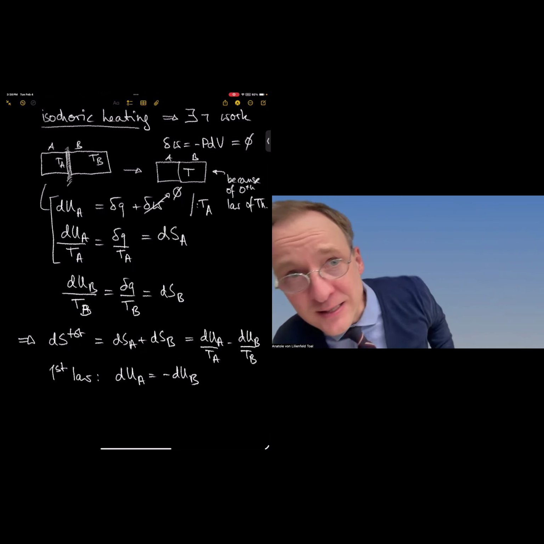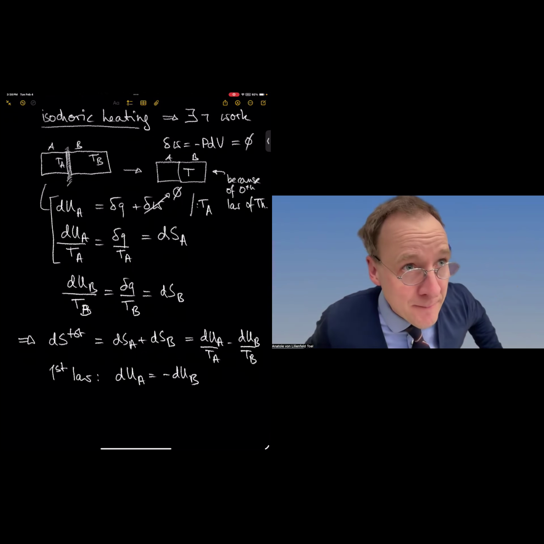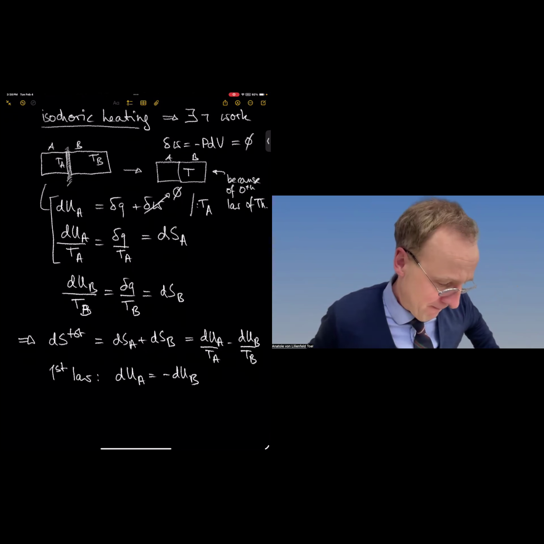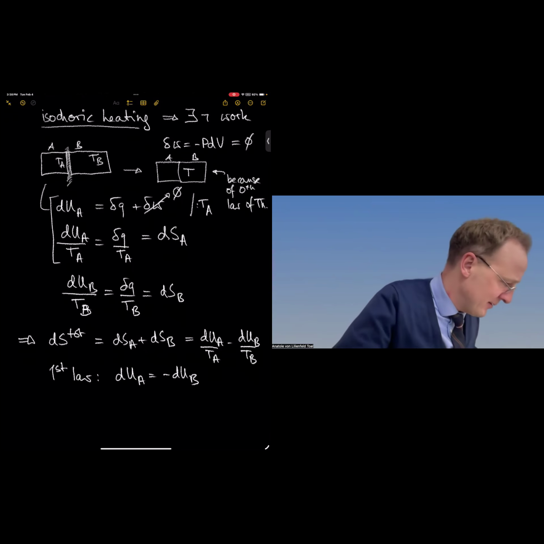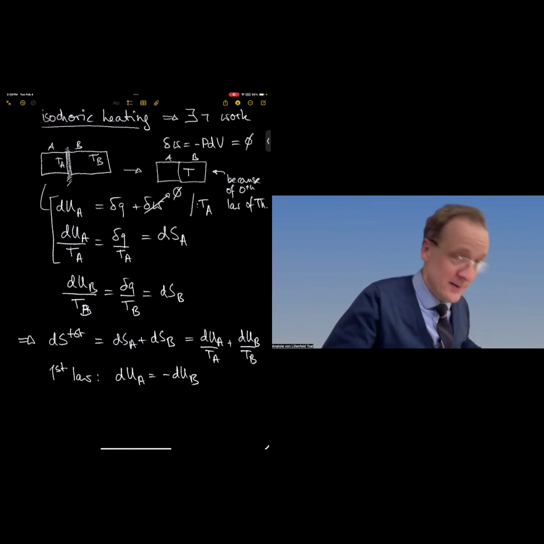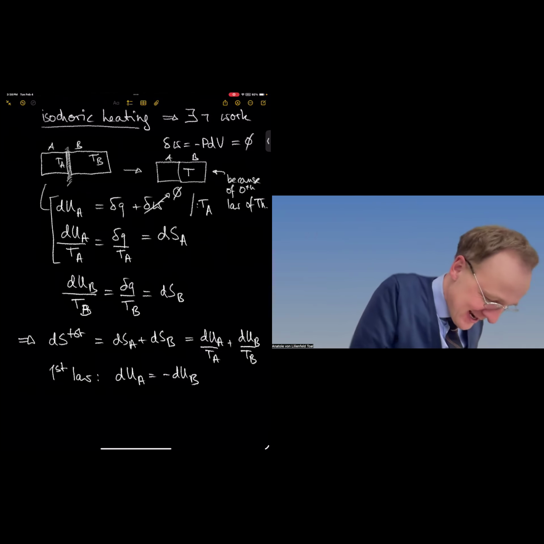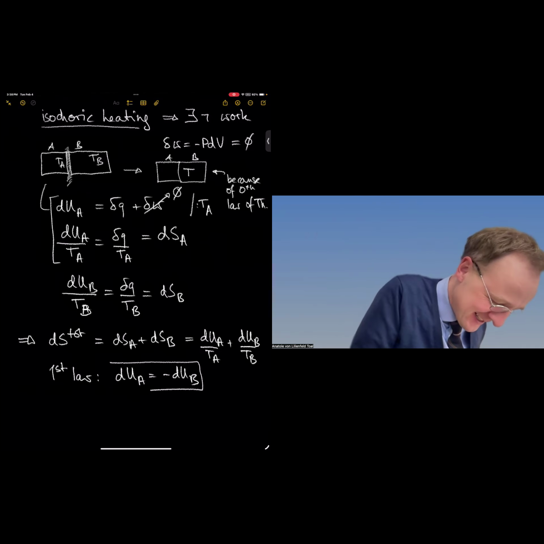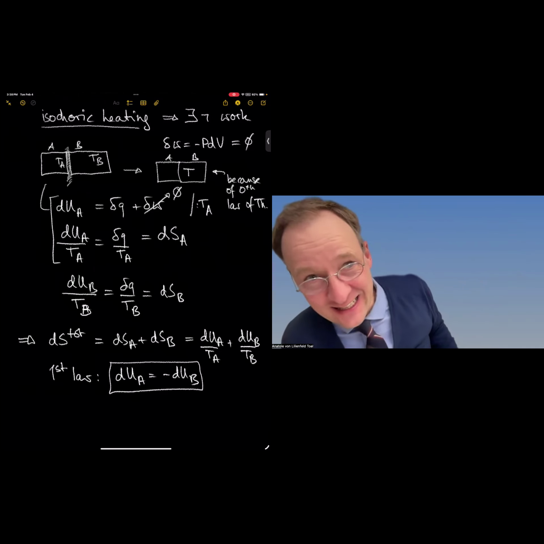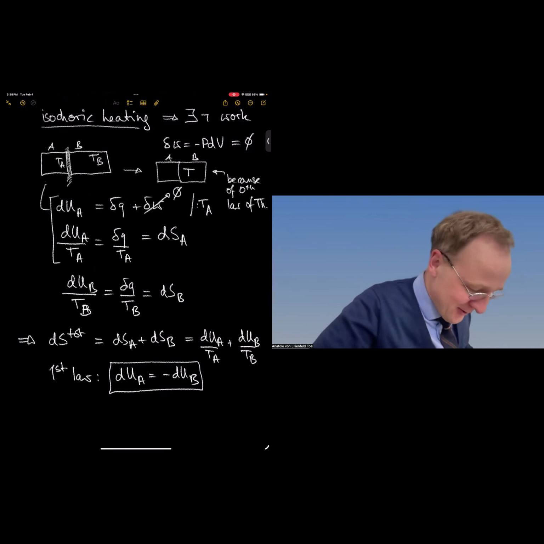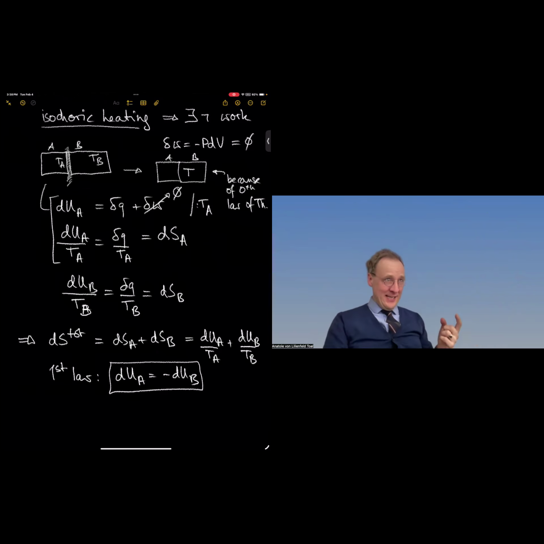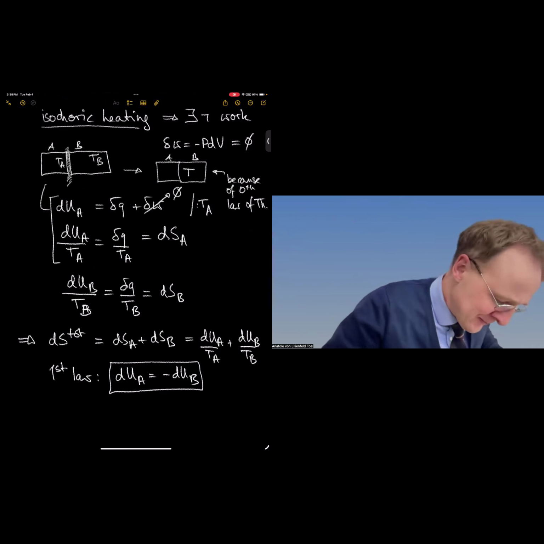A question, yes, please. Why is it minus dU? Oh, I'm sorry. Of course. Thank you. Good catch. But this minus here is for real. I think I was getting ahead of myself, right? So as my energy in one place goes up, in the other place it has to go down by the same amount.